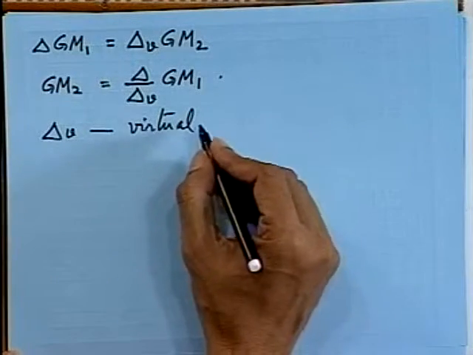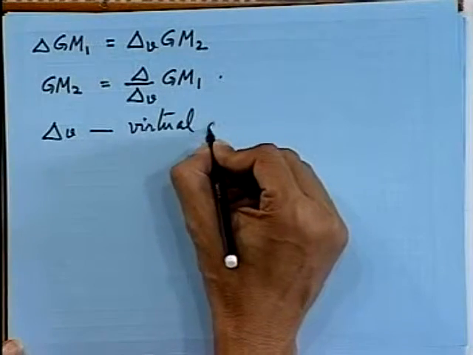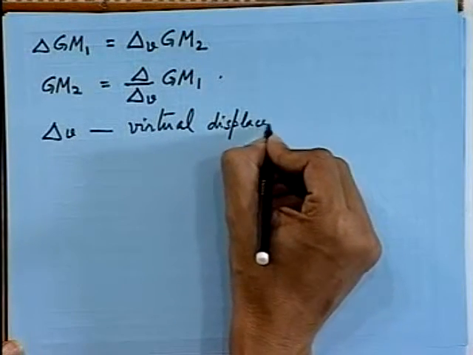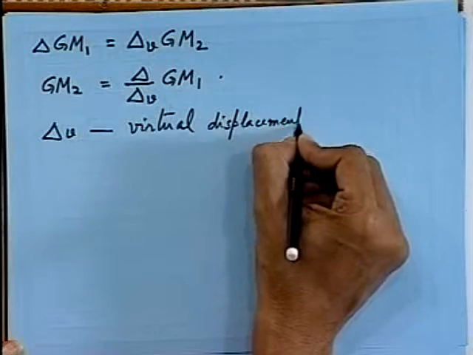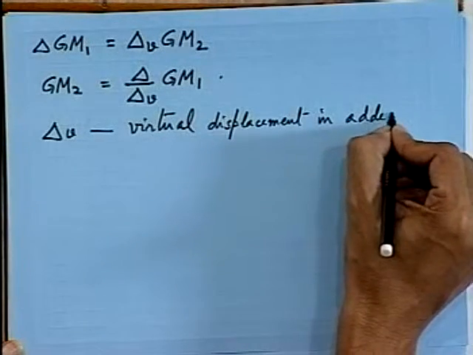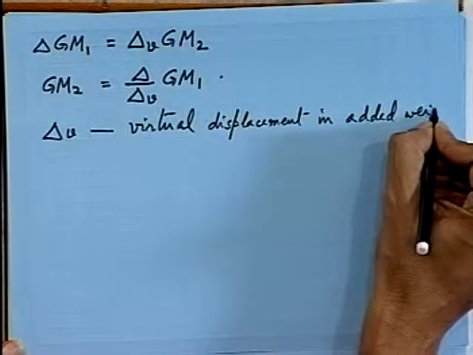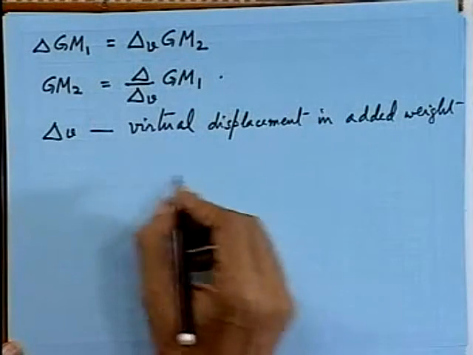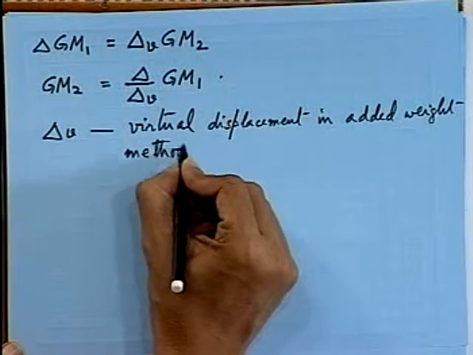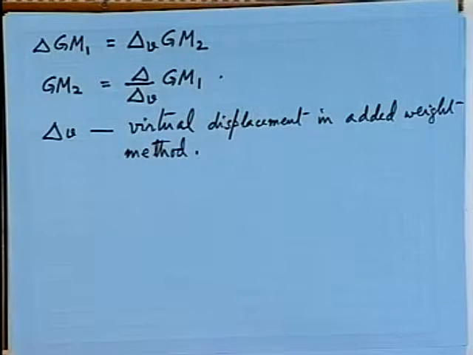So this is going to be a virtual displacement, the displacement in the added weight method.